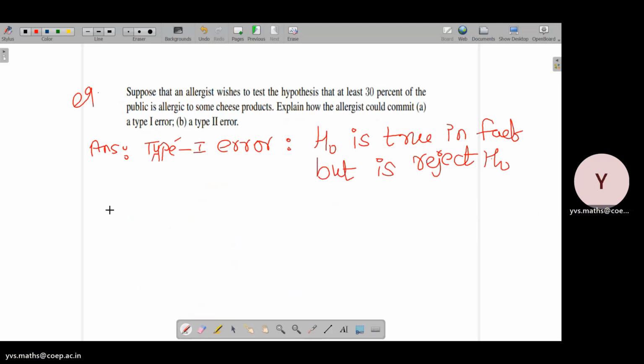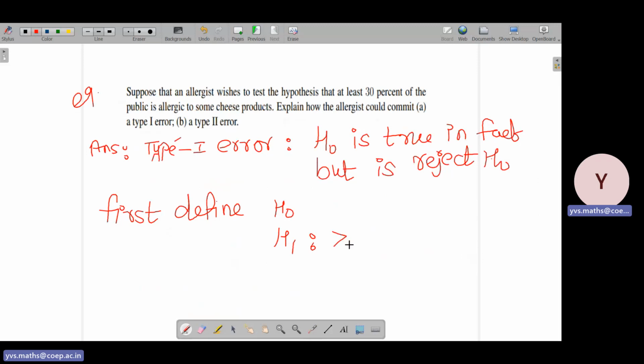For that, first of all you define what is your H0 and H1. So what is your H0 and what is your H1? I already told you that the hypothesis that we want to test is taken as H1. So let's say that greater than or equal to 30% people are allergic.